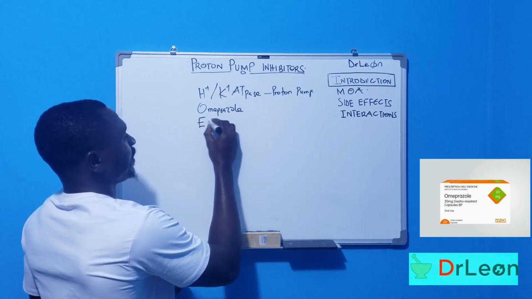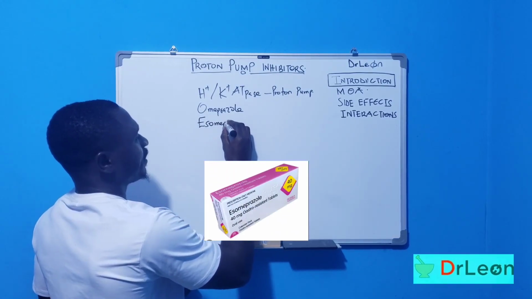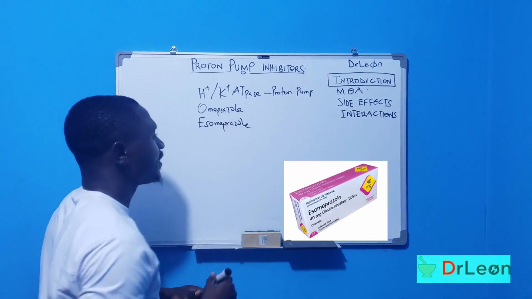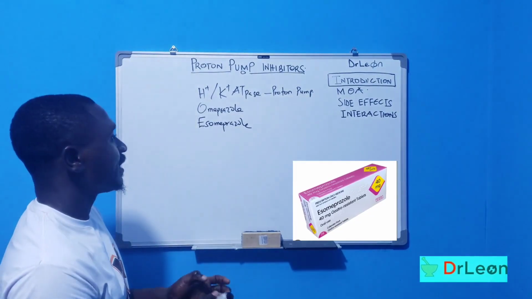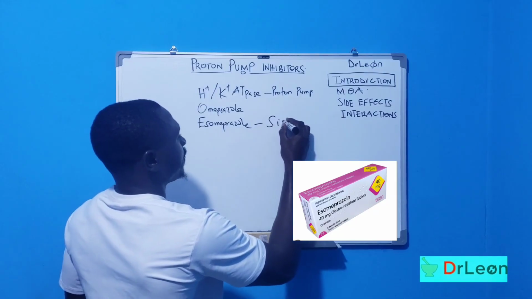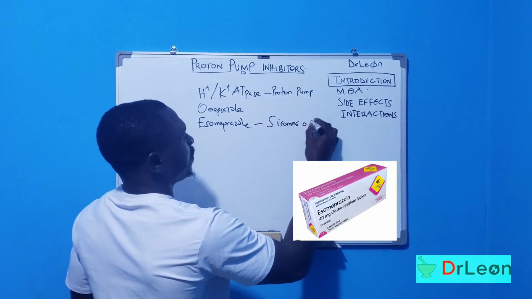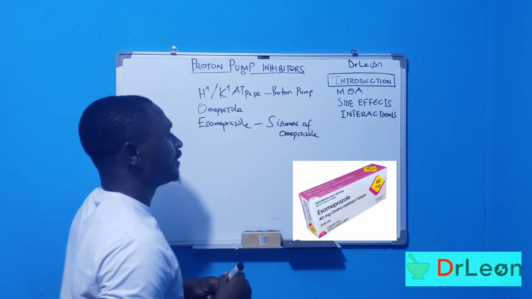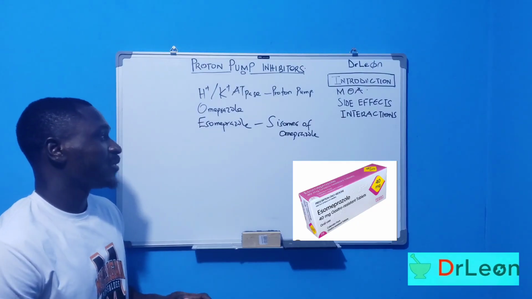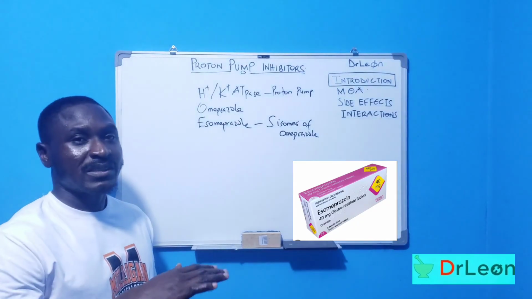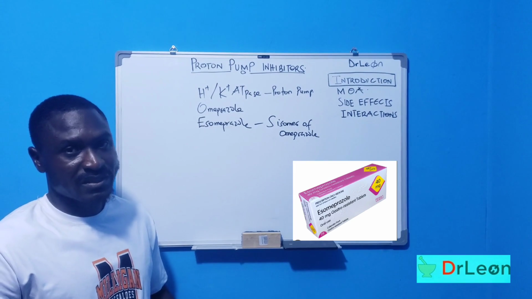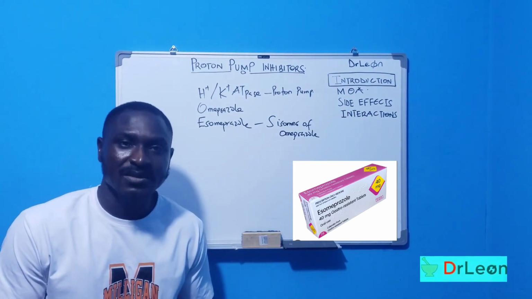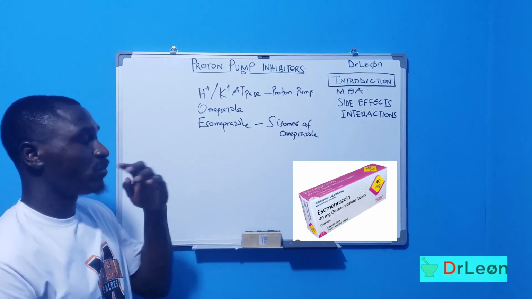We have its S isomer, which is S-omeprazole, and as an S isomer of omeprazole, it tends to have consistent acid suppression and decreased side effects as compared to omeprazole.